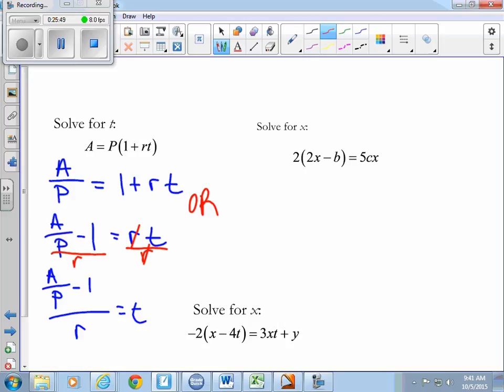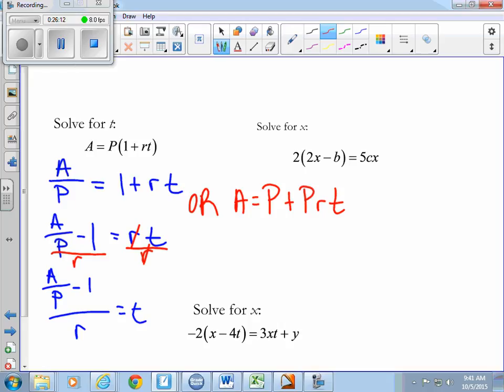The order that I'm going to show you is just for those of you who would have distributed first, what it would look like. Because that's a perfectly viable option, no problem with distributing first. And you would get P plus PRT. Does everyone agree? I'm going to multiply it by P. Does that make sense?